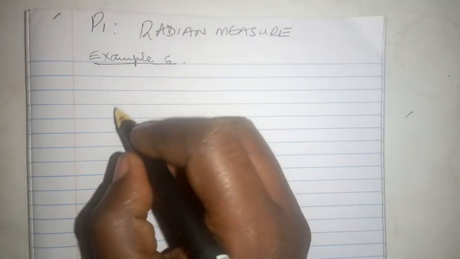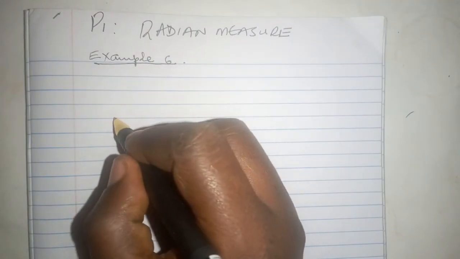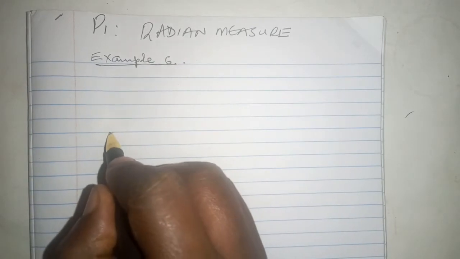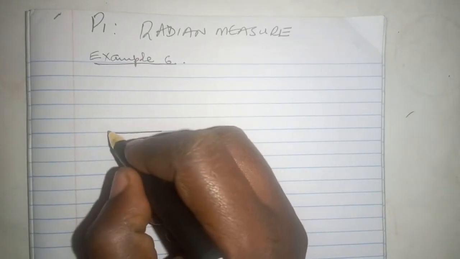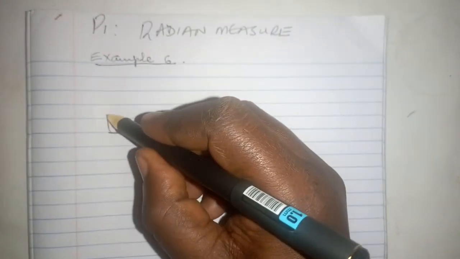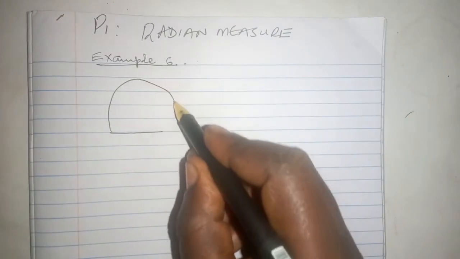The border of a garden pond consists of a straight edge AB of length 2.4 meters and a curved part C as shown in the diagram. We have this straight edge, which is 2.4, and we have this curve.